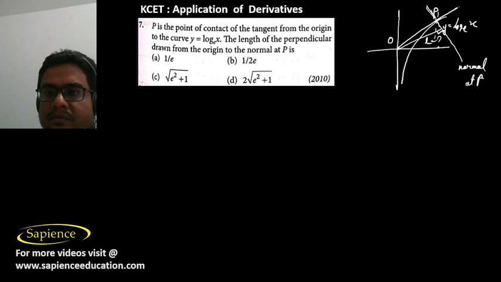Let's say the equation of this tangent is y is equal to mx. The slope on this curve is dy by dx, that is 1 by x.